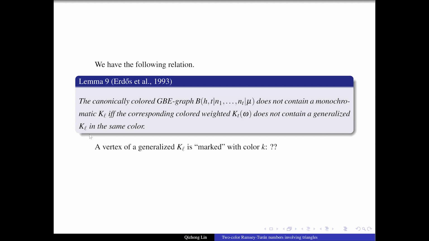And here canonical coloring means that all edges in a class have the same color, and all edges between any pair of classes also have the same color. In particular, a vertex of a generalized Kℓ marked with the color contributes 2 vertices to the Kℓ in the colored generalized Bollobás-Erdős graph.